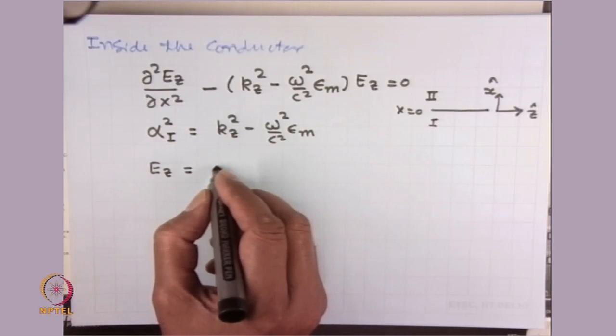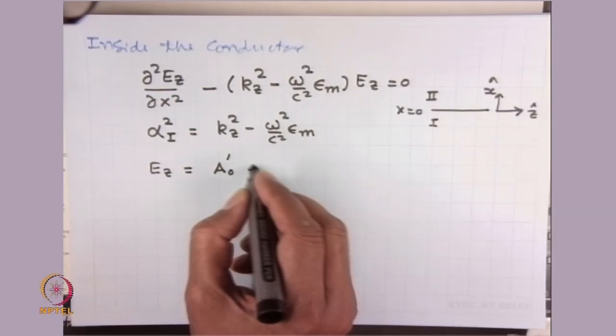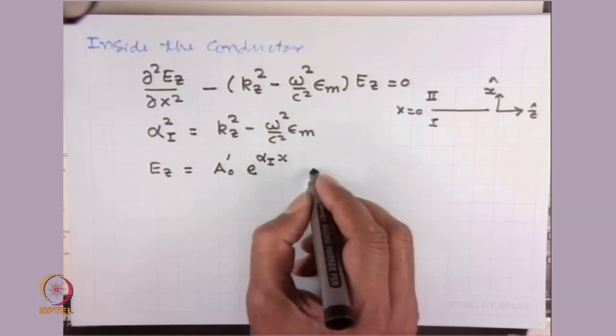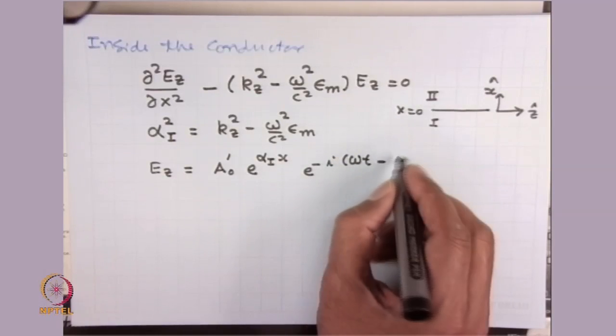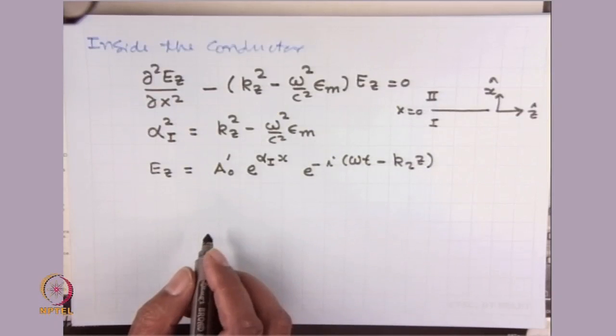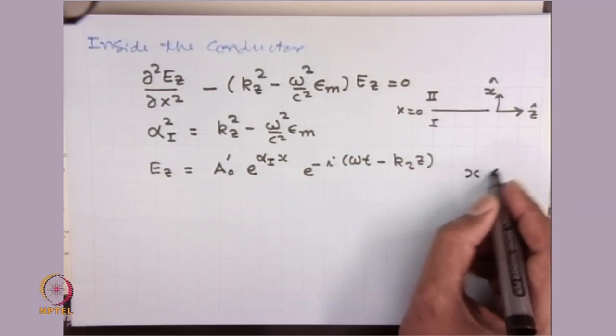Then this would be A0 dash, some constant, exponential of alpha 1 x, exponential minus i omega t minus kz z. Please recognize this is for x less than 0.